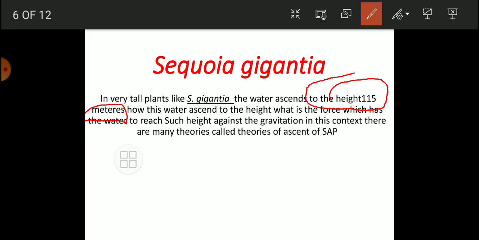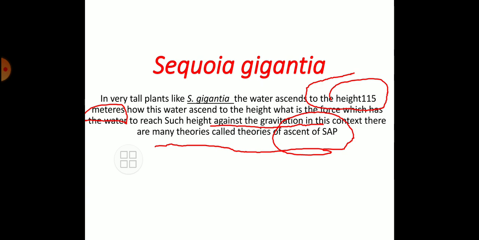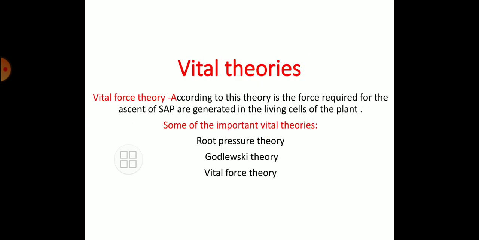and that ascent of sap is always against gravitation, and in this context there is a theory called the theory of ascent of sap. Sequoia gigantea is an older plant having a height of 115 meters, and up to that height the sap reaches.